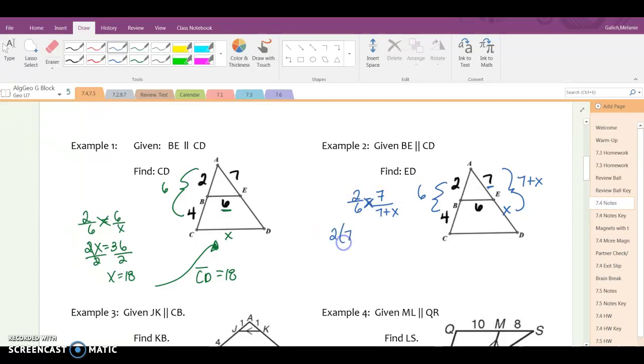So we get 2 times 7 plus X equals 42. Distribute. So we get 14 plus 2x equals 42. Now we have a two-step equation. So 2x equals 28, so x equals 14. Remember, 14 is what we wanted to find because that's our ED. So ED equals 14.